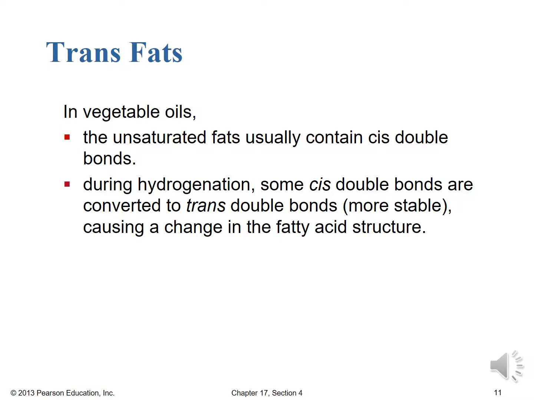During that hydrogenation process in the lab, some of those cis double bonds get converted into trans double bonds because trans double bonds are more thermodynamically stable, although, again, nature probably has a reason for what it does, and certainly we've evolved to go with nature's cis double bonds, so when we cause that change to the fatty acid structure, there tends to be consequences, and one of those consequences based on long-term research seems to be a higher incidence of heart disease with large consumption of trans fatty acids.